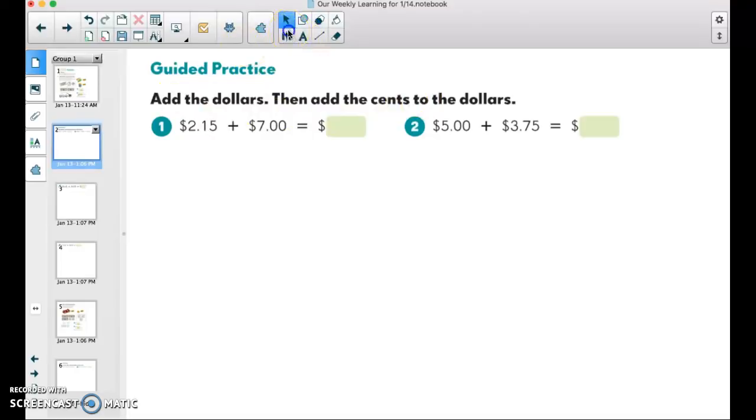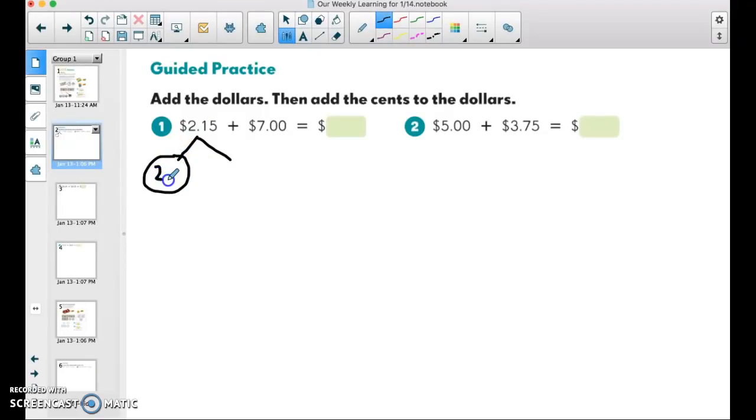Show your number bonds. I'm going to split up my $2.15 by showing my number bonds. I'm going to start with my dollars first. I have $2. And then my cents, $0.15.